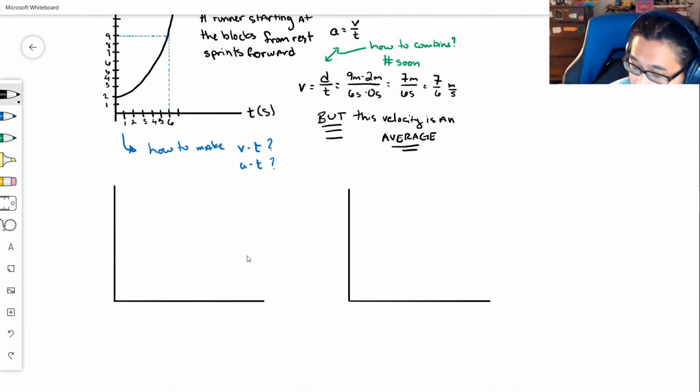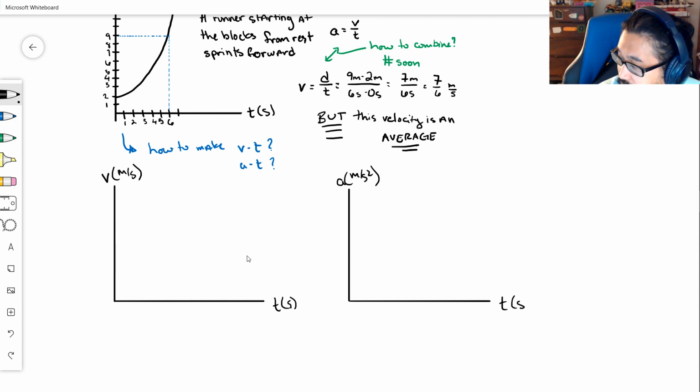Let's call this one velocity in meters per second, and let's call this time in seconds. Let's call this acceleration in meters per second squared, and time in seconds.